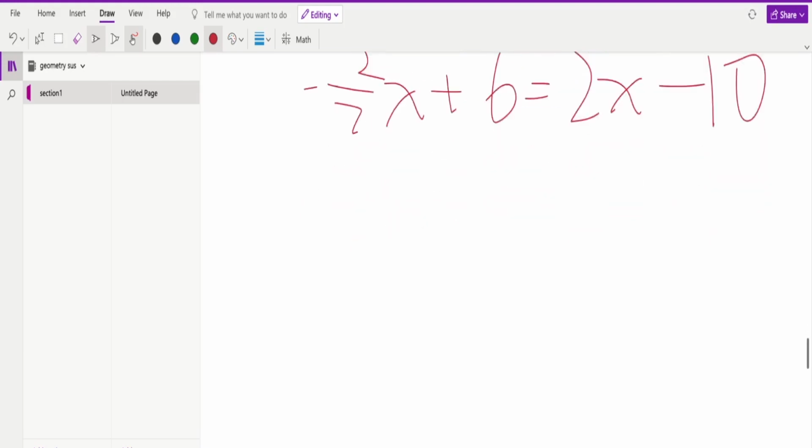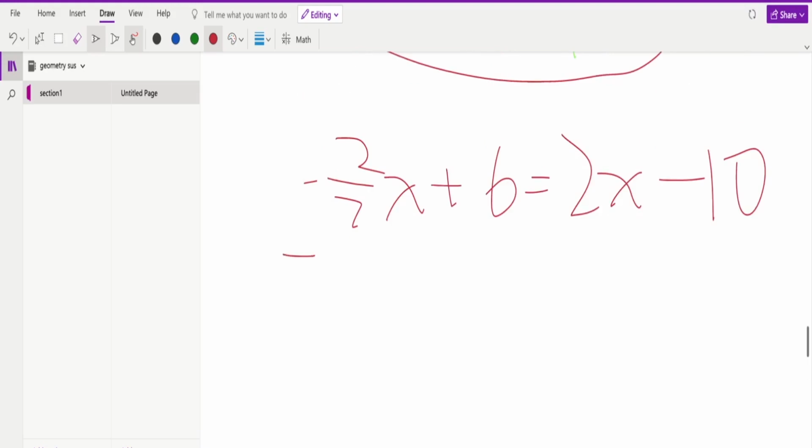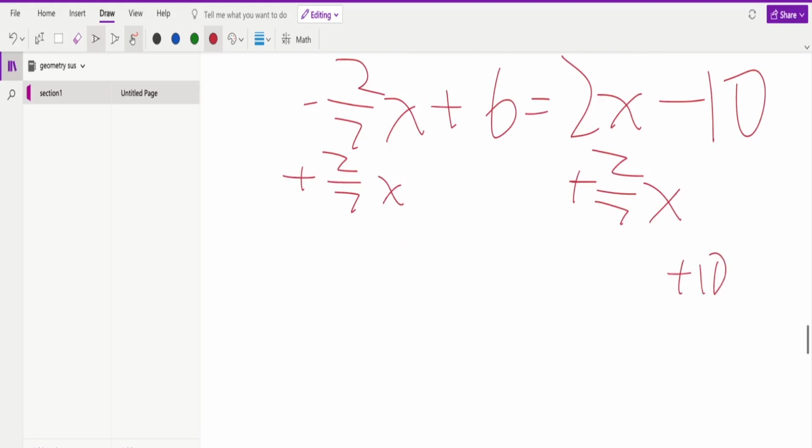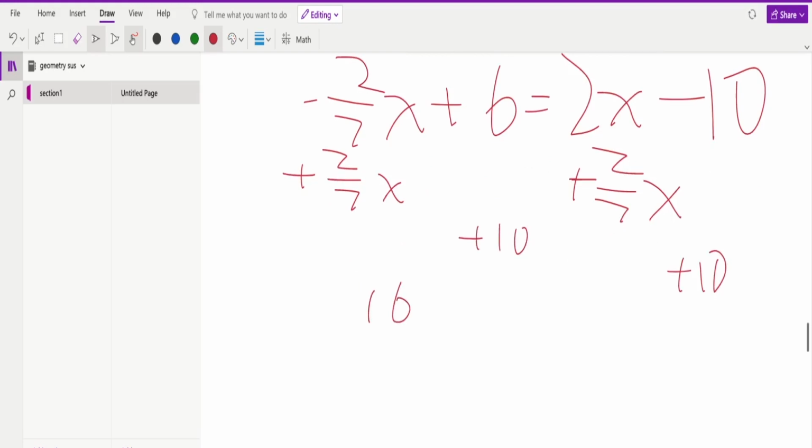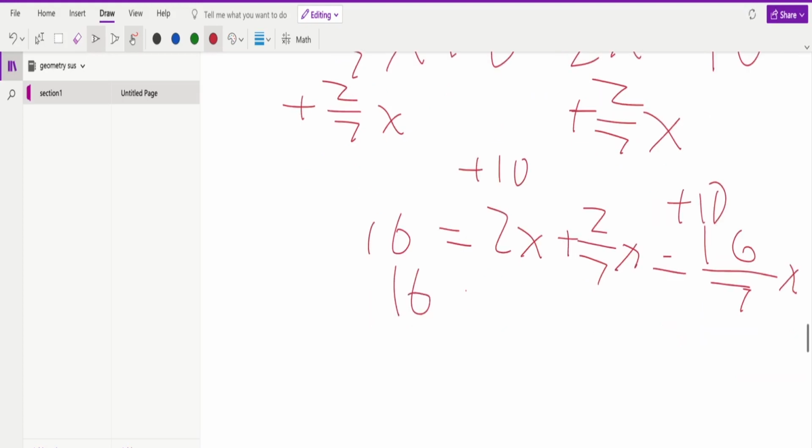And solving for this, we'll add 2/7 x to both sides and add 10 to both sides. What we get is 16 is equal to 2x plus 2/7 x, which is equal to 16/7 x. So we have 16 equals 16/7 x.